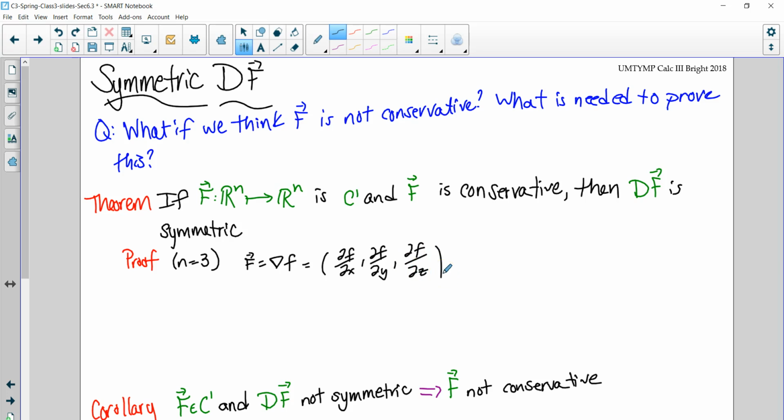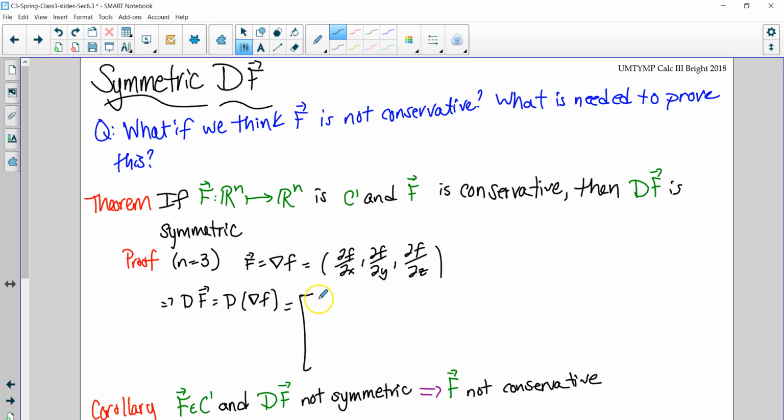Then we can say, well, the derivative matrix of vector field f would be equal to the derivative of the gradient of the potential function.